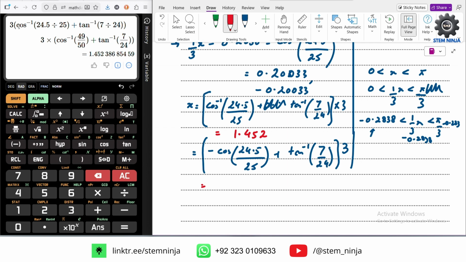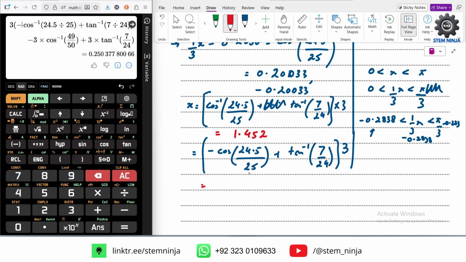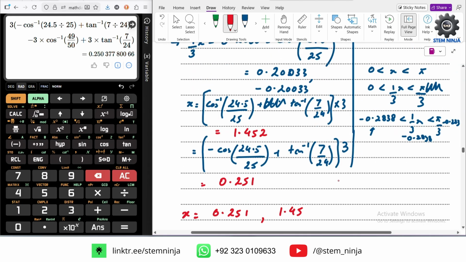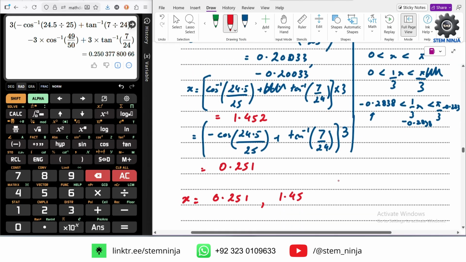The other answer would be just simply swapping out the negative sign over here. This would be 0.251. Right, so basically that's about it. So 0.251 and 1.45, three significant figures for both of them. Right, okay, so let's move on.